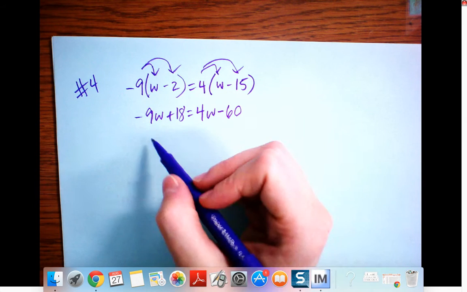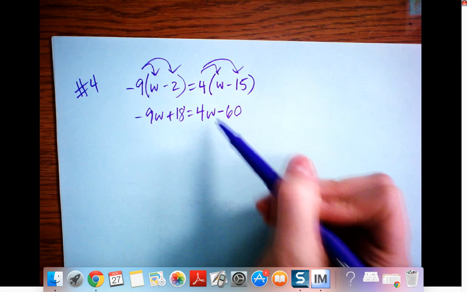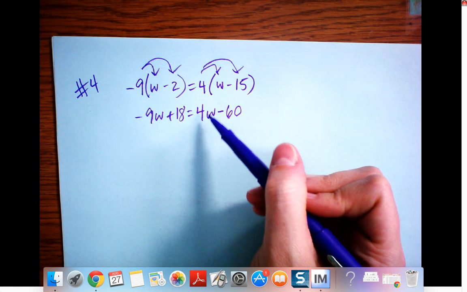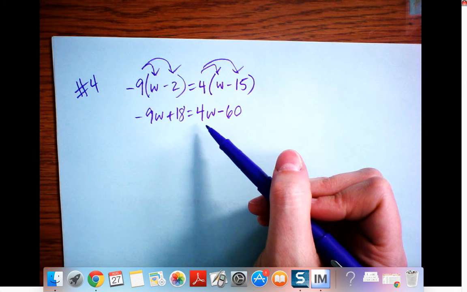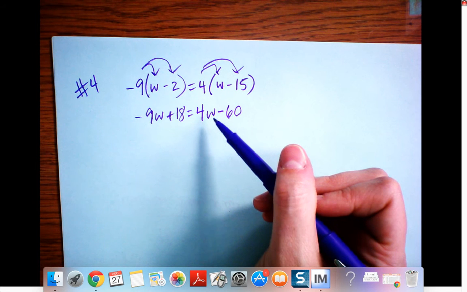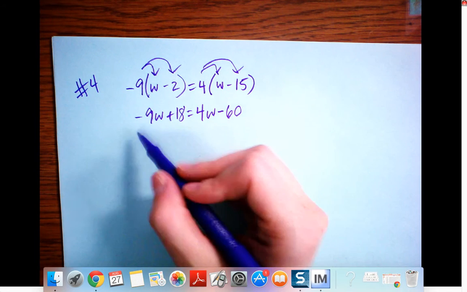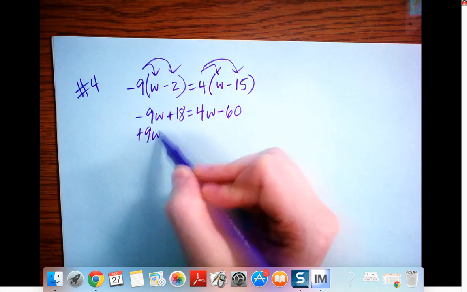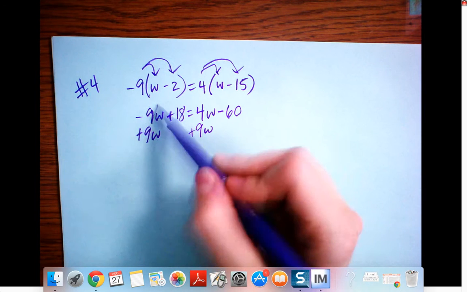Okay, so we have a negative 9W and a positive 4W. Can you guess which one we will move to the opposite side to keep our coefficient positive? We will add the 9 because 4W plus 9W is 13W.